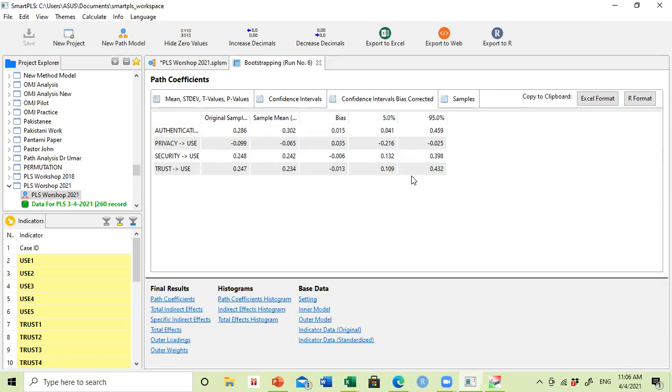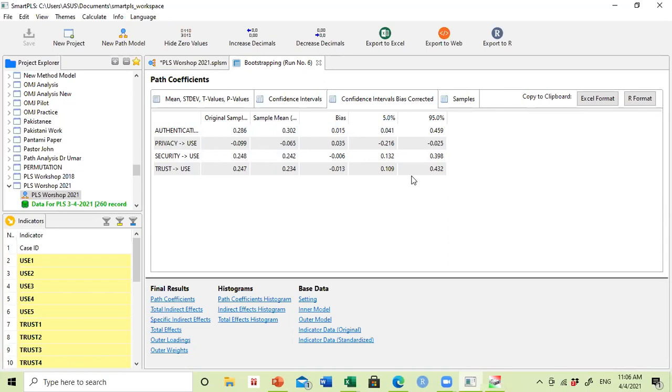For it to be significant, the lower and upper levels of the confidence interval should not contain zero: positive, positive, or negative, negative, depending on how you hypothesize. But if the confidence interval contains zero, then it's still not supported.